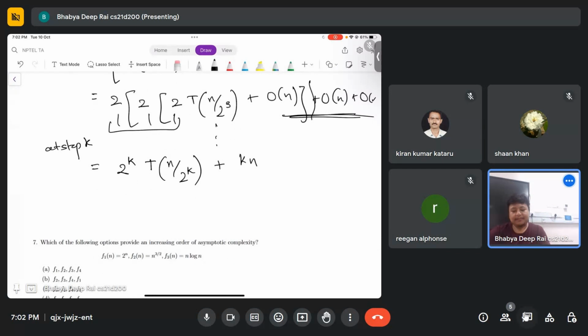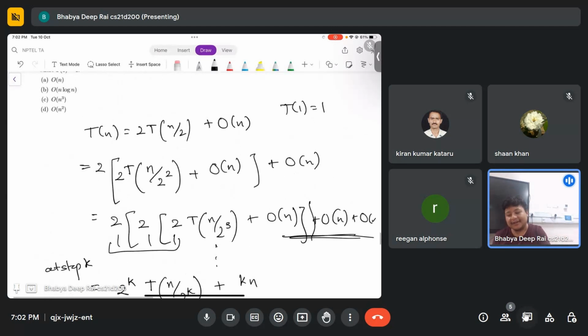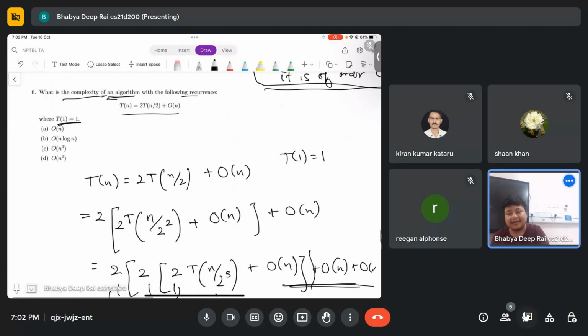This is what we get. Now this process may continue infinitely, but the recurrence will stop only when we reach the initial case, according to the definition of recurrence.